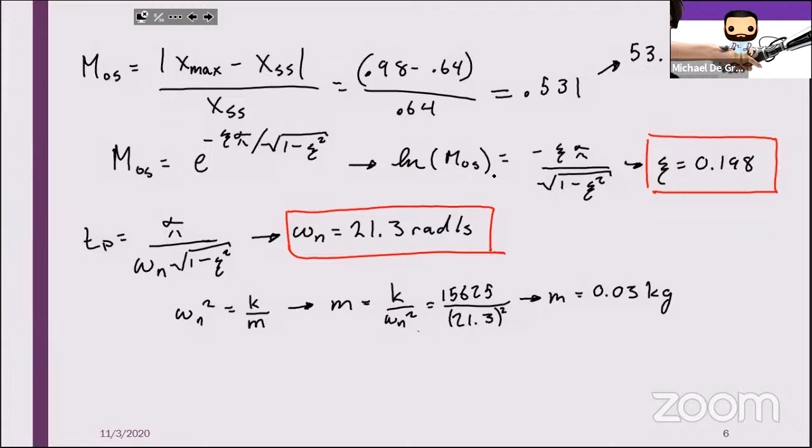But do these units even check, right? We should probably check units, right? So K is in Newton per meter. Omega n is radians per second, but it's squared, so it's radians squared per second squared, but it's also the inverse of that because it's 1 over that. So it's second squared per radian squared, right? But what's a Newton? It's a kilogram meter per second squared.